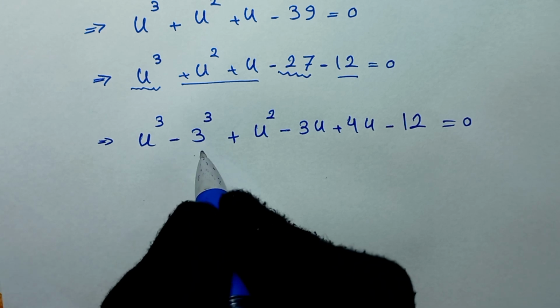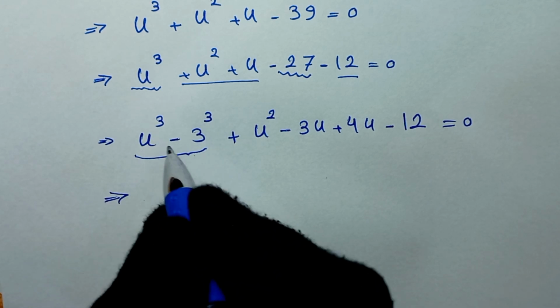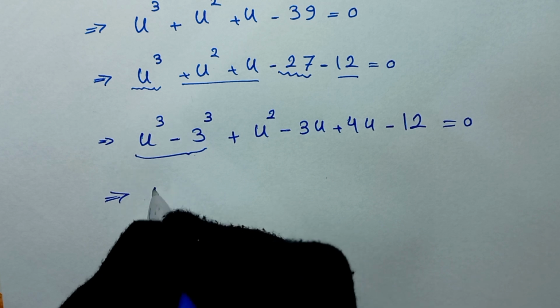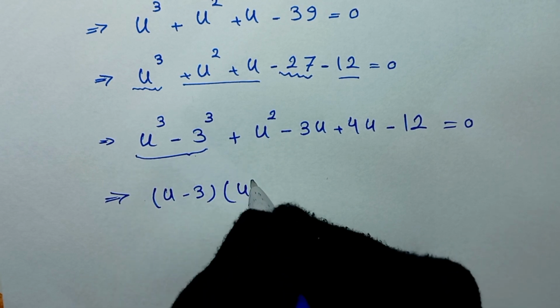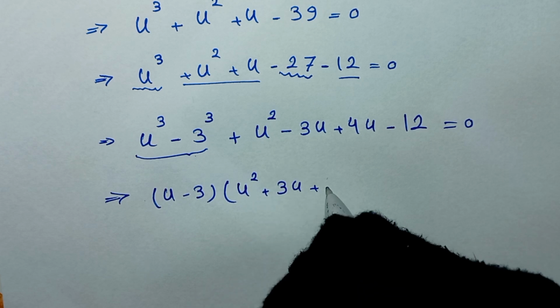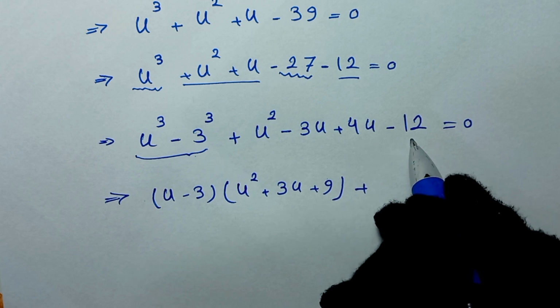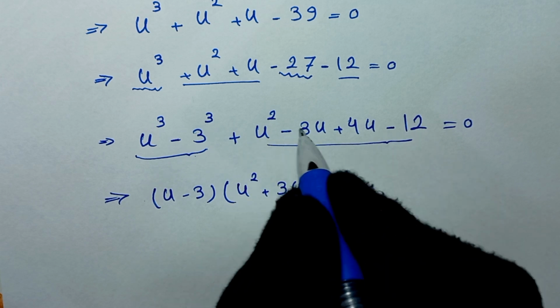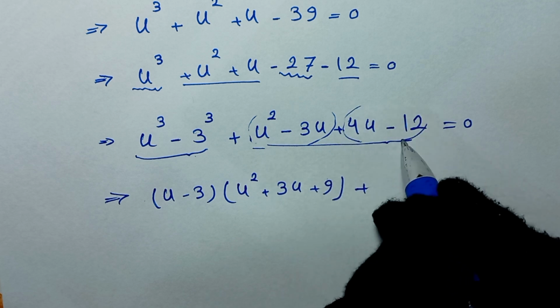And here, this is in the form of a cube minus b cube, and it will be u minus 3 times u square plus 3u and plus 9, right? And for this part, we take this together and these two parts together.